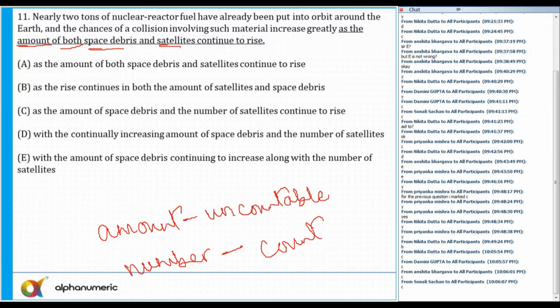It is used for countable things. So I cannot use the word amount for both space debris and satellites. It is going to be wrong. Yes, the answer for this question should be increase greatly as the amount of space debris and number of satellites continue to rise. Yes, C is right for question number 11.